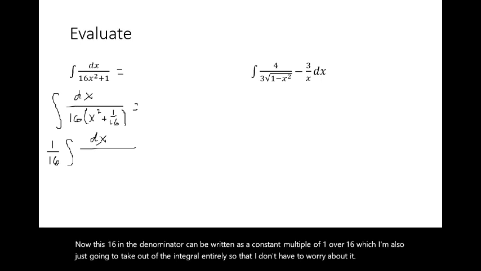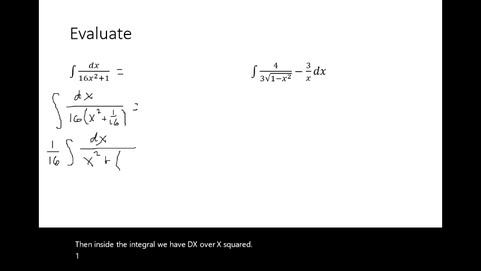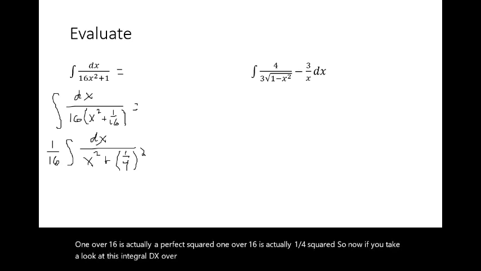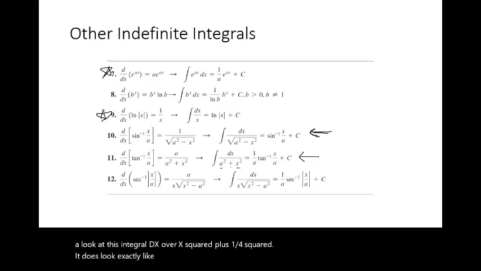Then inside the integral we have dx over x squared plus 1 over 16, which is actually a perfect square. 1 over 16 is actually 1/4 squared. So now if you take a look at this integral, dx over x squared plus 1/4 squared, it looks exactly like the integral rule for tan inverse right here, and it doesn't matter if those are switched.